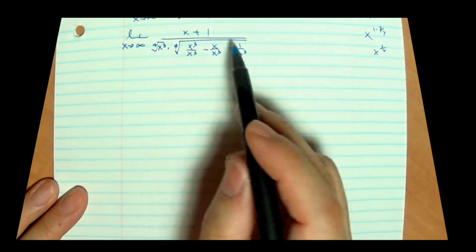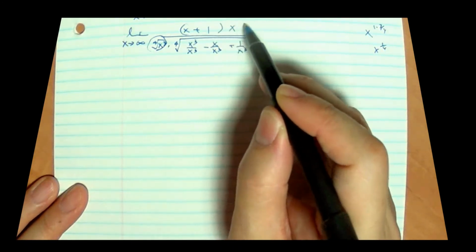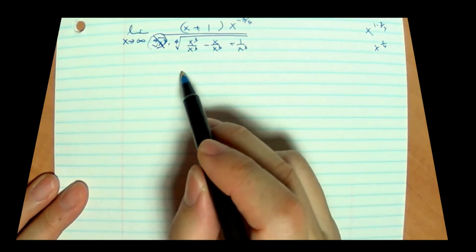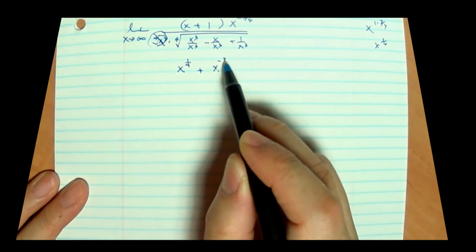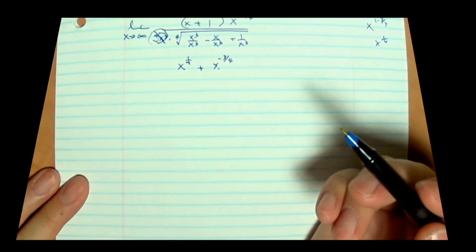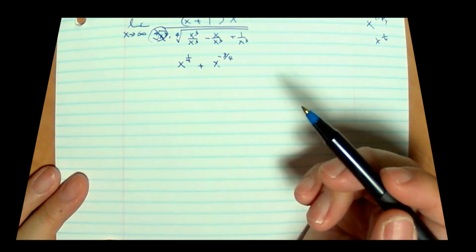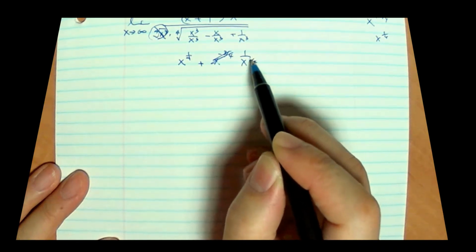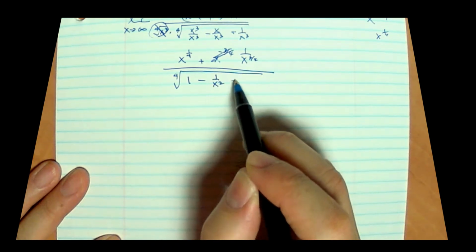However, if you rewrite this, this one can now go to the top as if it was x to the negative 3/4. So if you multiply them in, then you get x to the 1/4 plus x to the negative 3/4, which is same as 1 over x to the 3/4, all over the 4th root of 1 minus 1 over x squared plus 1 over x cubed.